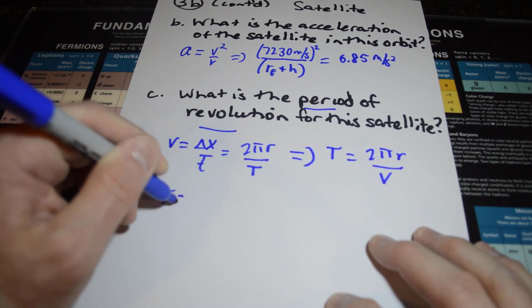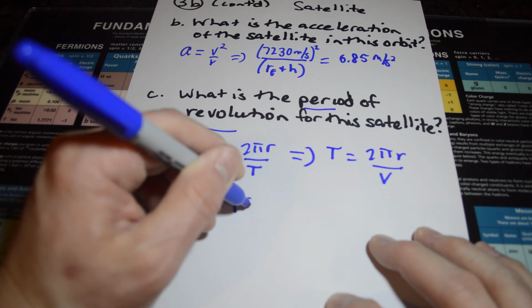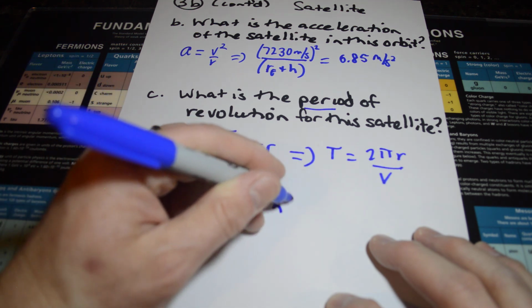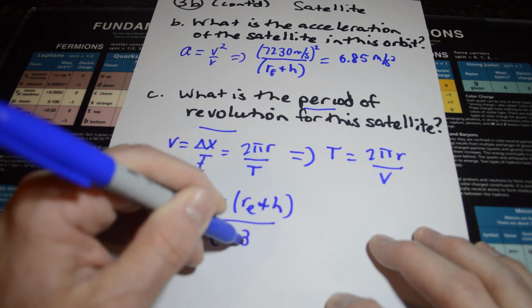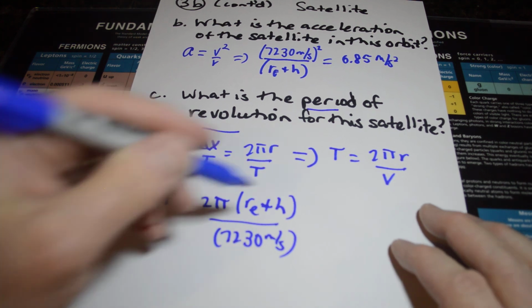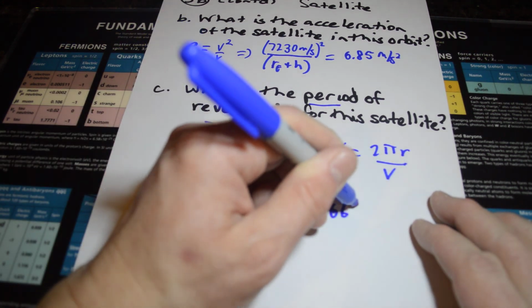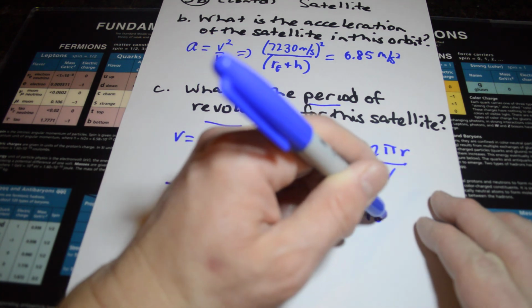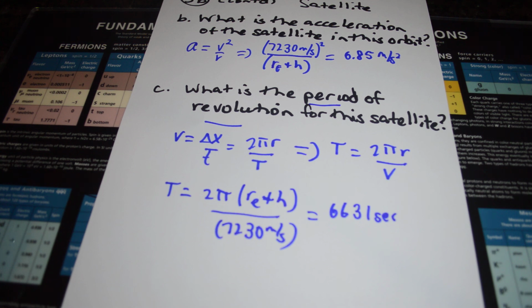It's a pretty straightforward calculation. 2 pi times the radius of the Earth plus the height, divided by 7,230 meters per second. If you do that, you end up getting 6,631 seconds. Okay? I hope that tells you enough for this one.